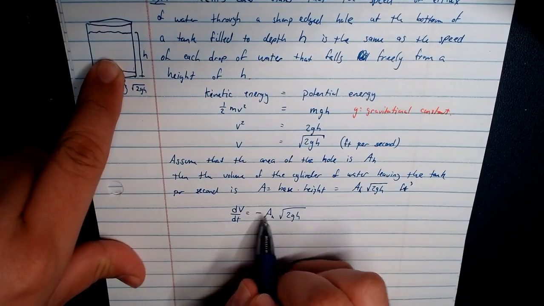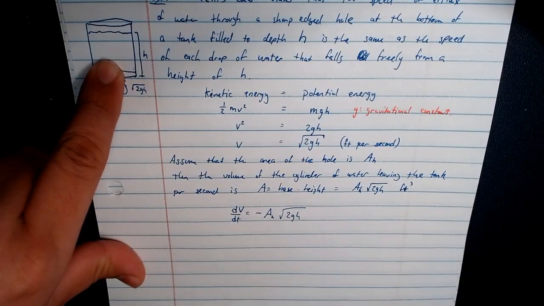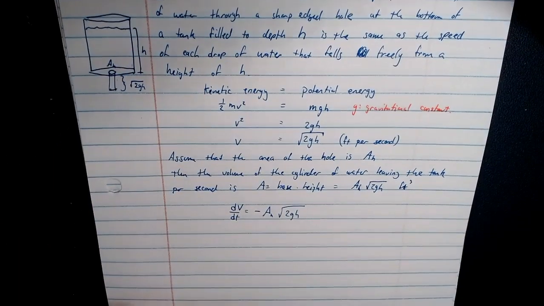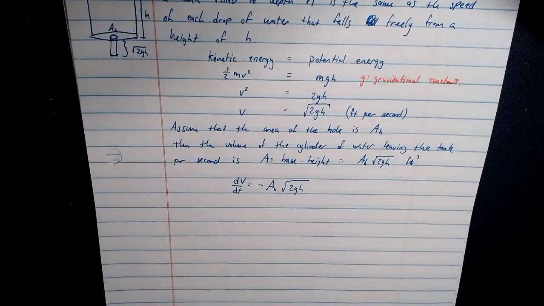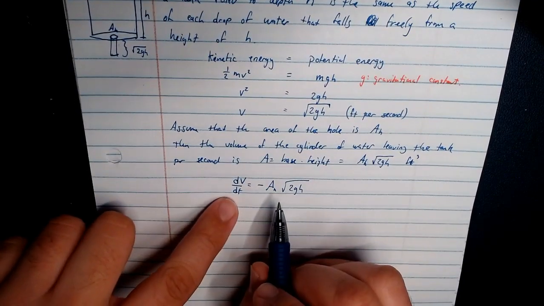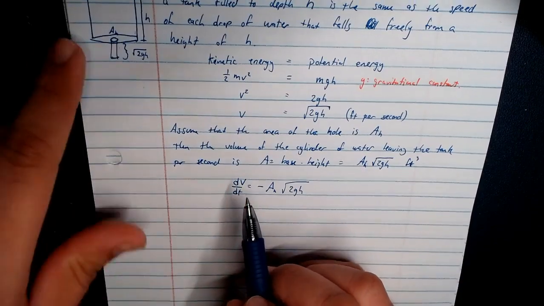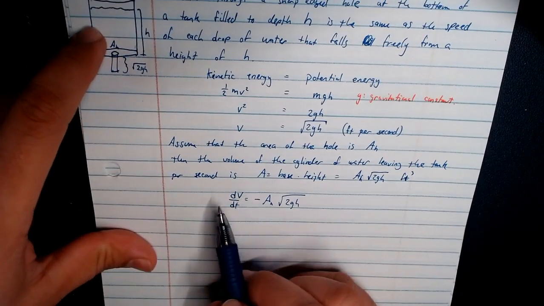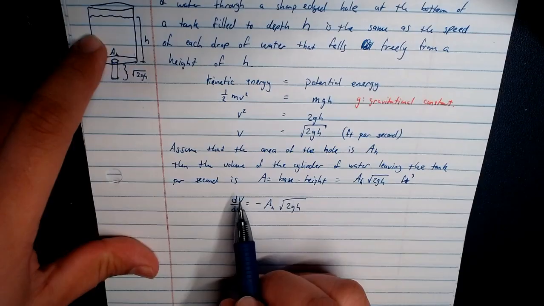You're losing this much volume every second. So negative there. Okay. And so this would model the amount of volume of liquid in the tank using the change in its volume.